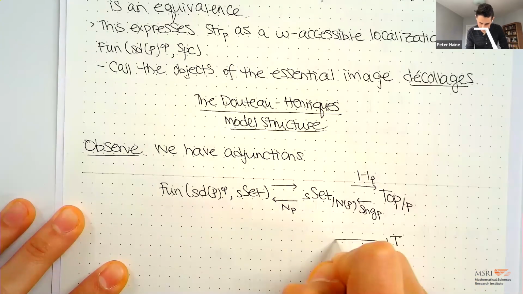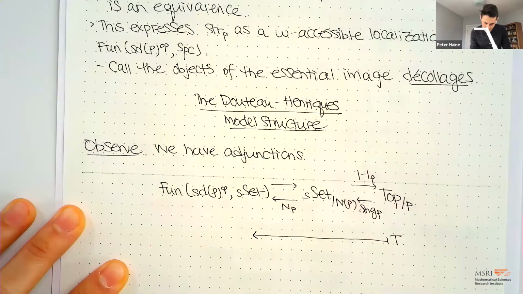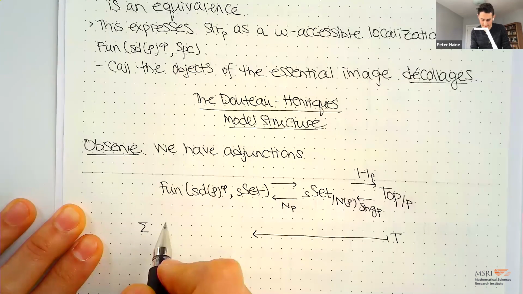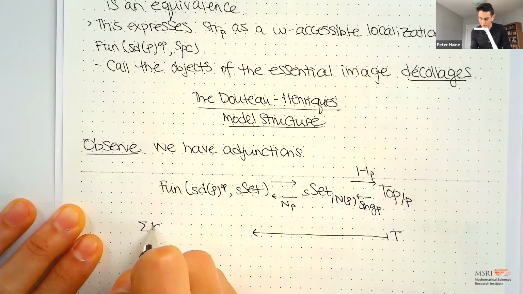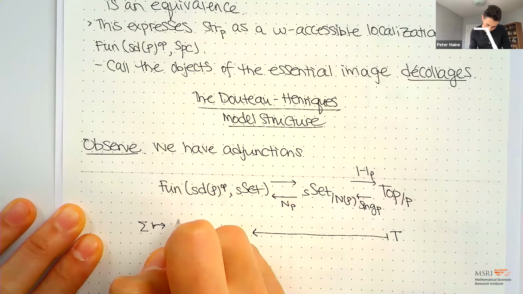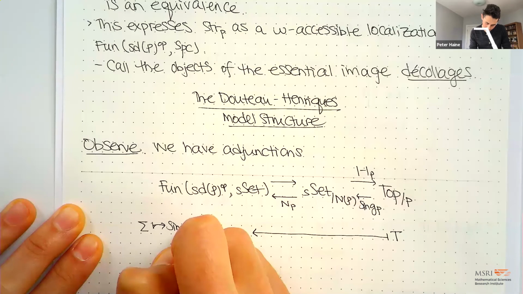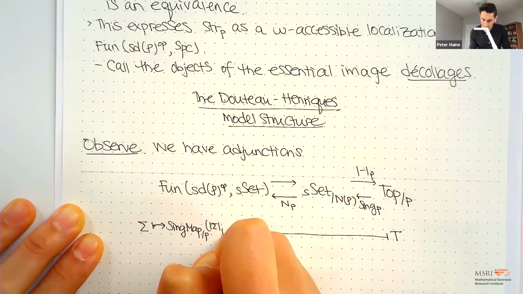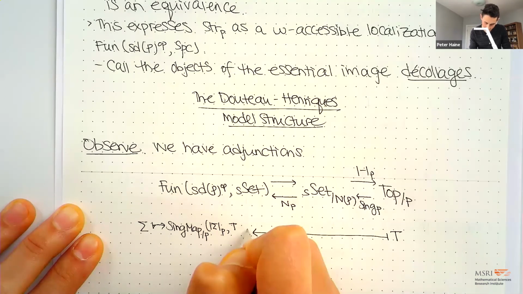What this composite does is send some linearly ordered finite subset sigma to Sing of the topological space of maps over P from the realization of this to your topological space T.